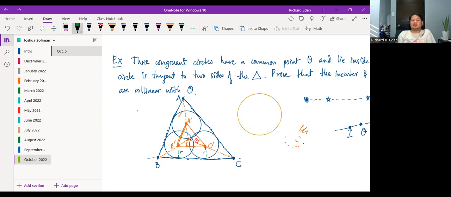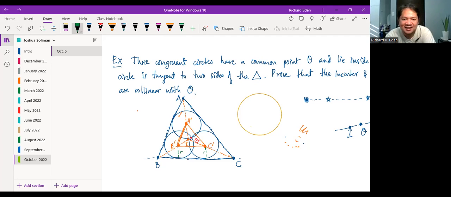Another observation I would like to note: when you construct the perpendicular bisector of a segment, you draw two congruent circles from the two endpoints of the segment and draw the radical axis, and that would be the perpendicular bisector. Since they all intersect at O, it means O is the circumcenter of A prime, B prime, C prime. Okay, so got that.